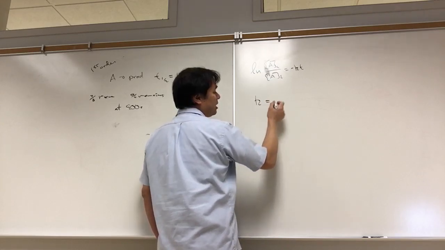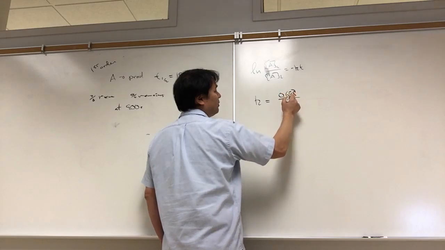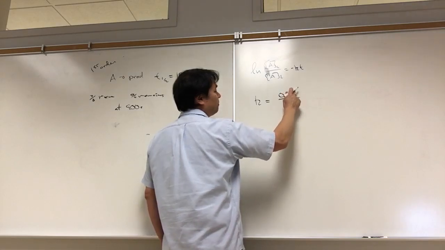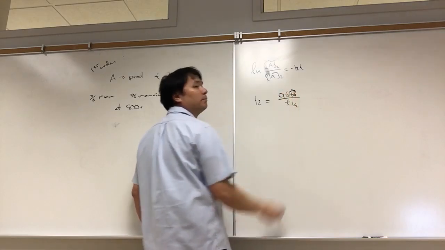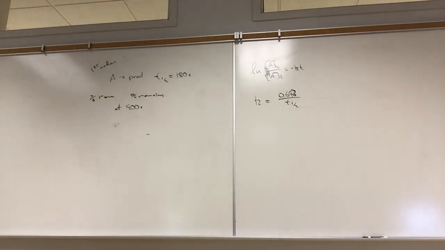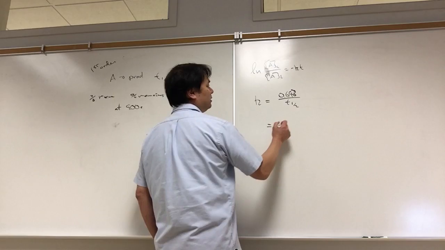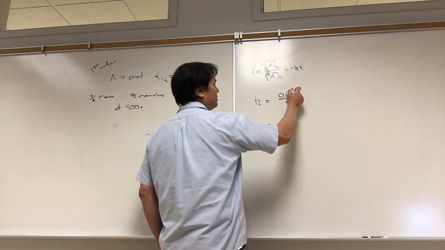The half-life equation is k equals 0.693 divided by T1/2. I need to first figure out what my k value is. What does the k value come out to?